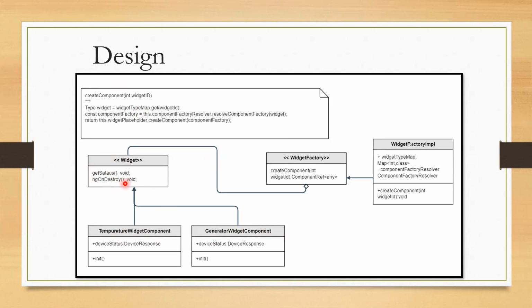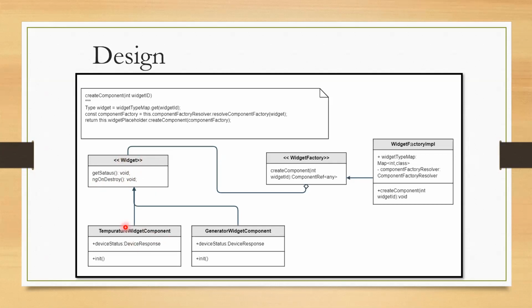This is an Angular web application, so on destroy of the class, we have to delete all the subscriptions and do other things. We have the on destroy life cycle hook. You can Google it and read for more.